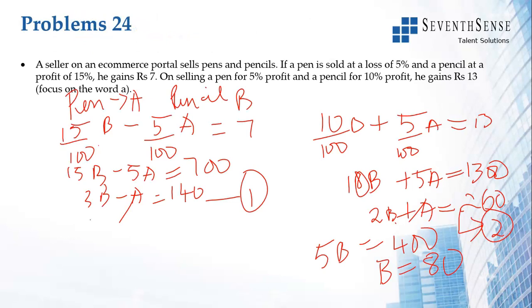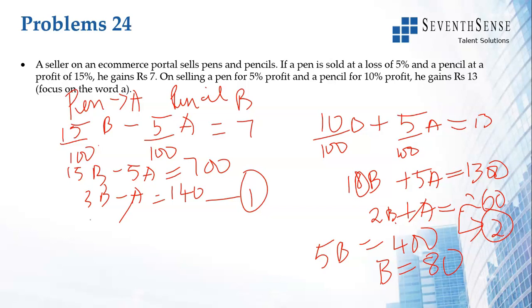So B is the price of the pencil. If they had asked for the price of the pen, substitute that in any equation, and you would have gotten the price of the pen as well. Okay, that part in the question is not here. While framing the question, I might have forgotten to write the last sentence.